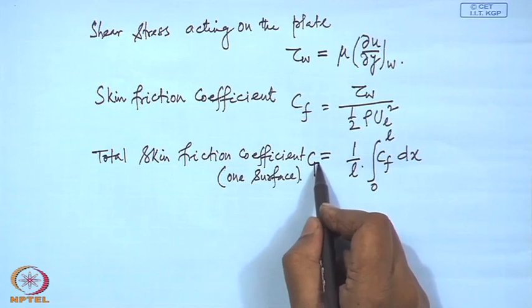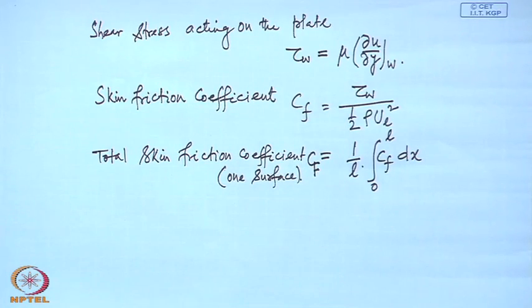We call it capital C F. If both the surfaces are in contact with the flow, then this will be multiplied by 2, and that is called the boundary layer friction drag, boundary layer skin friction drag.